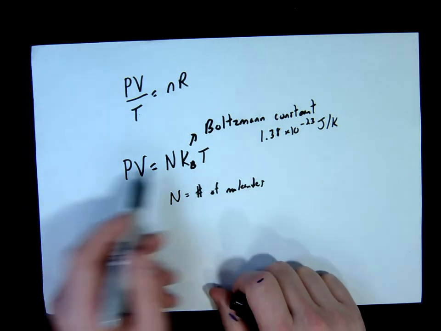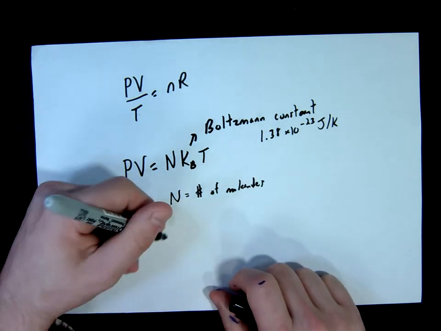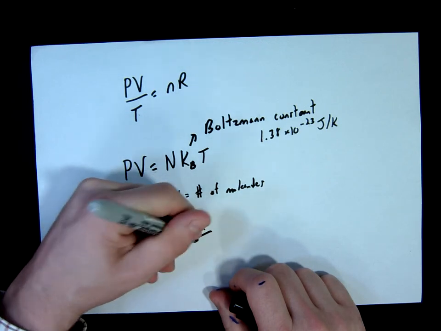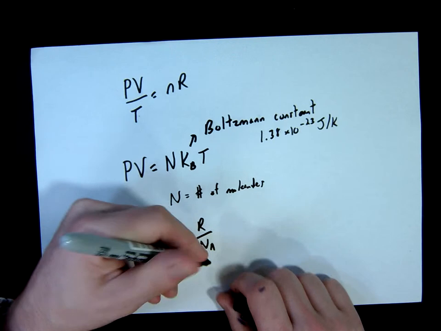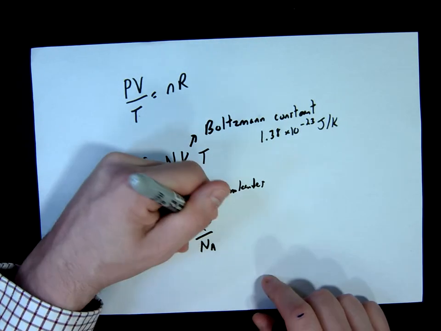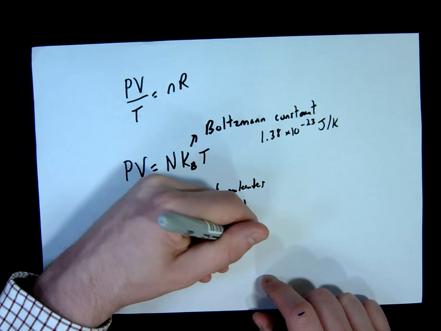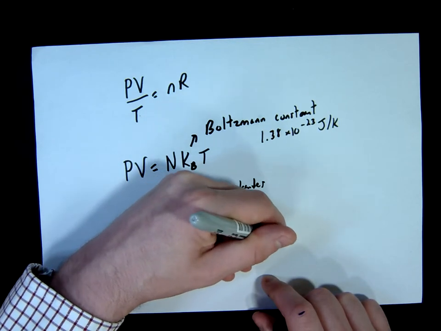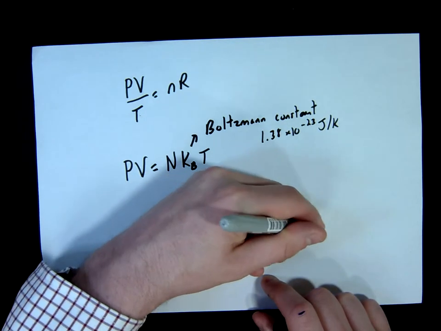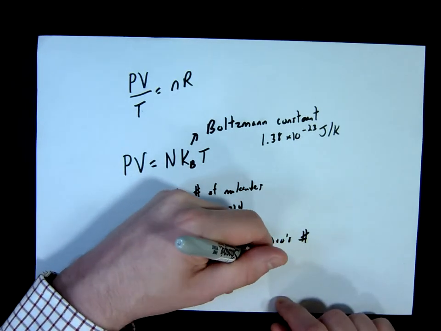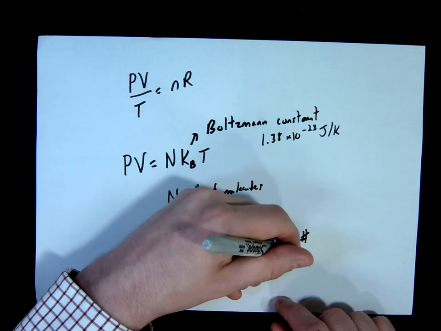Where this comes from is somewhat familiar: k_B is essentially equal to R over N_A. R is equal to 8.314, and N_A is Avogadro's number, which is equal to 6.02 times 10 to the 23rd.